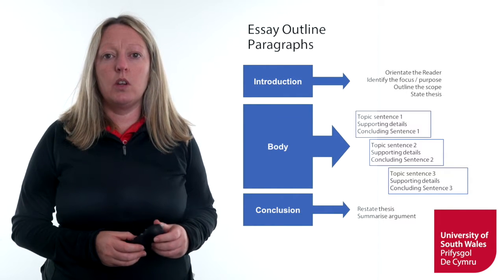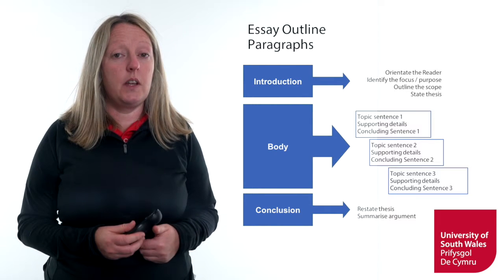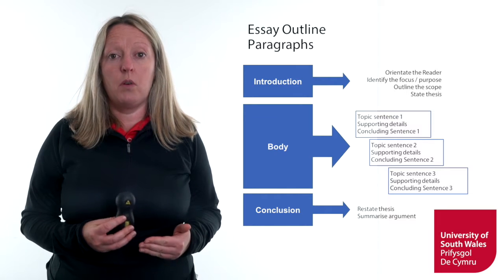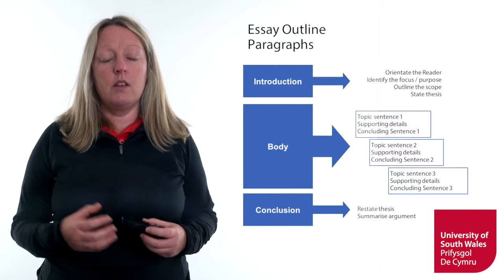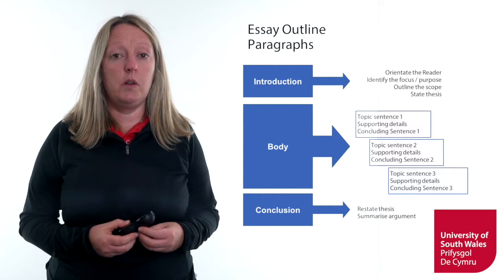The other thing to think about is the outline of individual paragraphs within that essay. So you may also look to break down that paragraph. We orientate the reader within the introduction, and identify the focus, purpose, outline or scope of that paragraph. We may then include the body of the paragraph, with a topic sentence, supporting material and a concluding sentence.